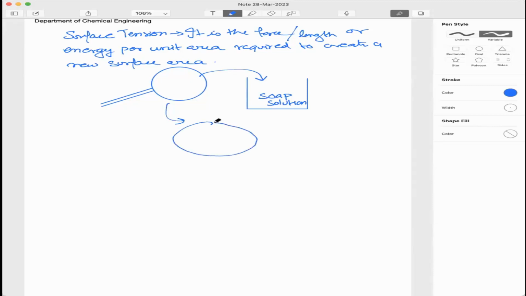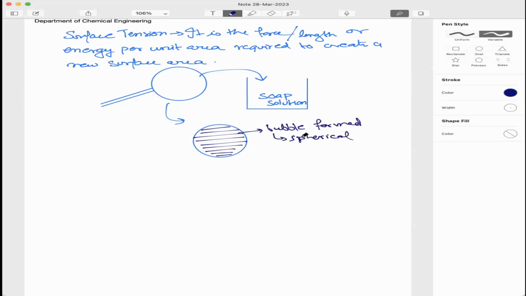A thin film forms on this ring, and when you blow air with your mouth, this film detaches, and a bubble is formed. And why are the bubbles spherical in nature? That is because the surface tension of the liquid tries to make it spherical to attain a minimum surface area.